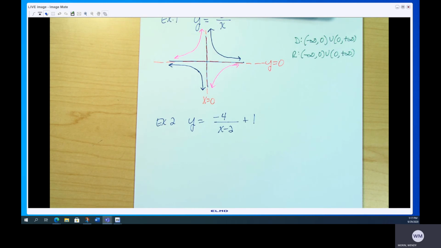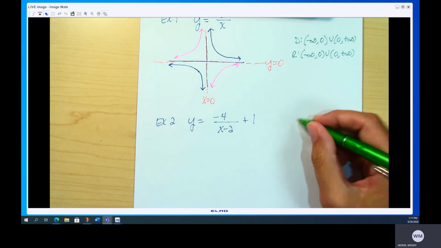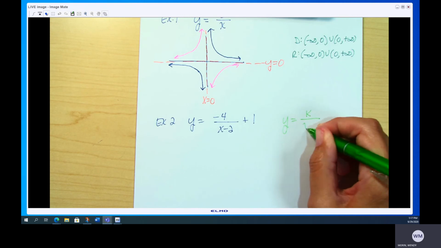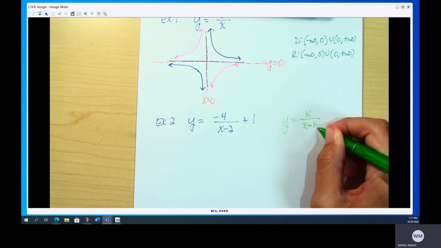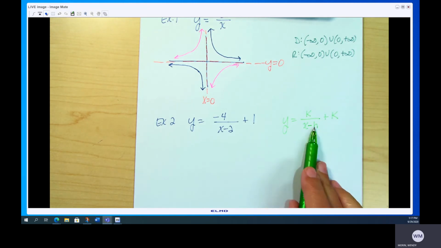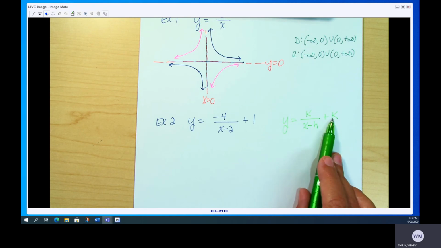Well, this is x minus your new h value. So it's going to be y equals some constant over x minus your h value plus your k value. And you're going to translate h, left and right, and then k, which is up or down.